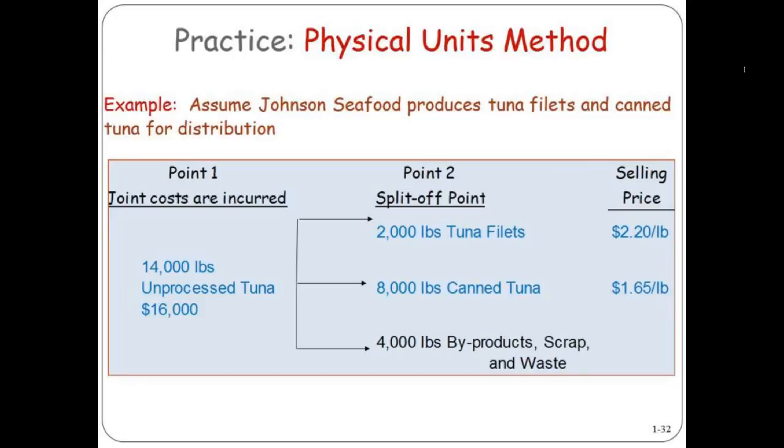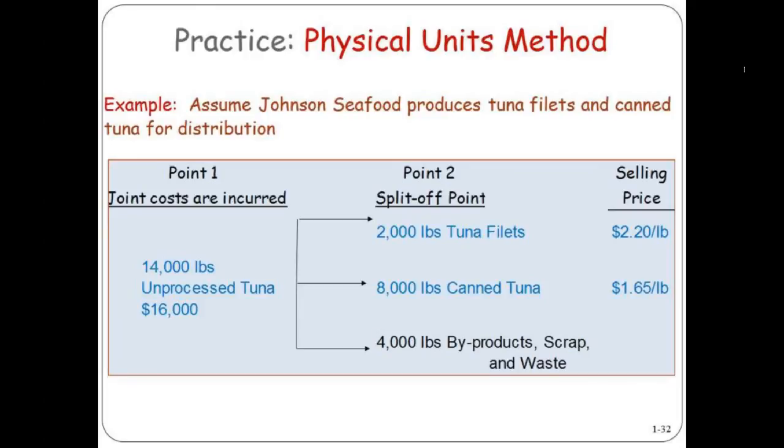But they're big fish. So you have 14,000 pounds of unprocessed tuna with a value in its unprocessed form of $16,000. This is what you're trying to allocate. At split off, you'll have 2,000 pounds of tuna fillets, 8,000 pounds of tuna that's going to go into Bumblebee, and then 4,000 pounds of other stuff, byproducts, scraps, and waste.